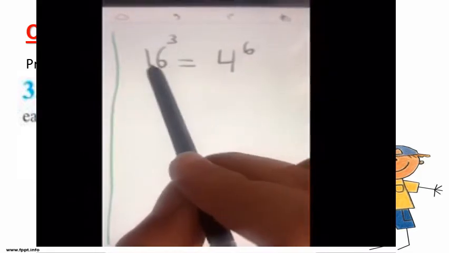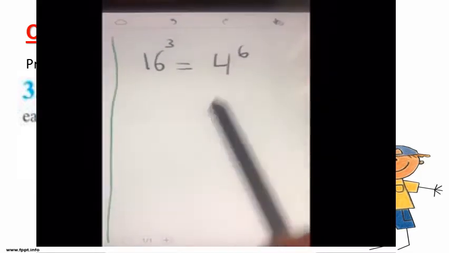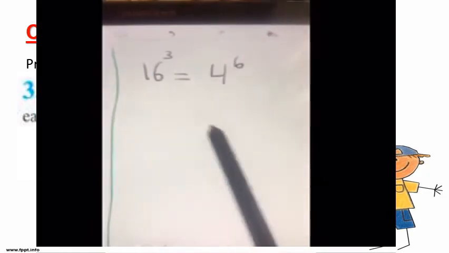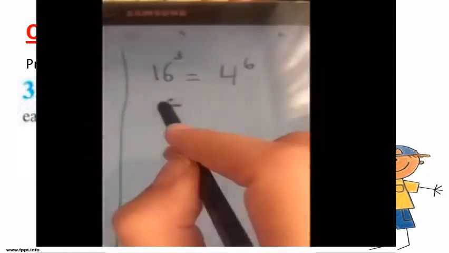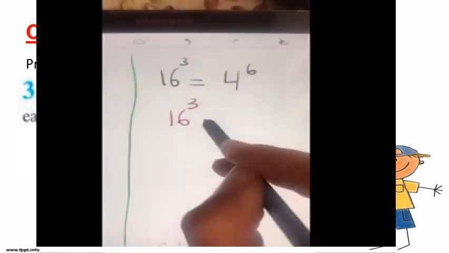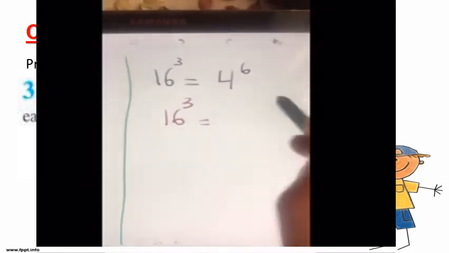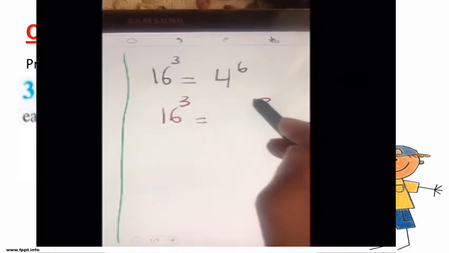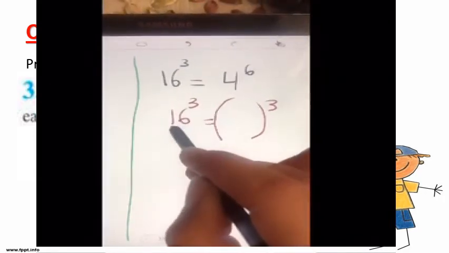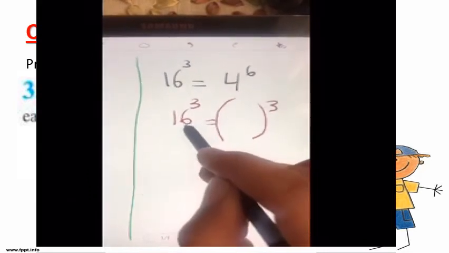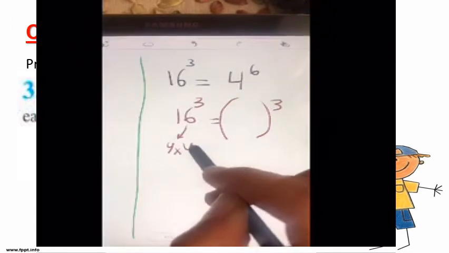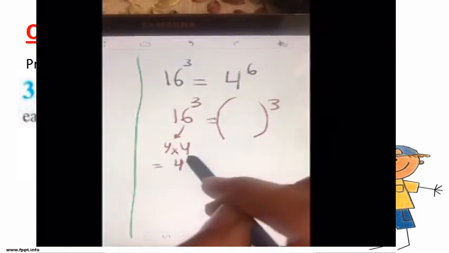Here I have 16 as a base, and here I have 4. I work on the bigger base, it's easier to work. So taking 16 cubed, leave the exponent 3 outside. Open parenthesis. 16 is equal to 4 times 4, which is equal to what? 4 squared.